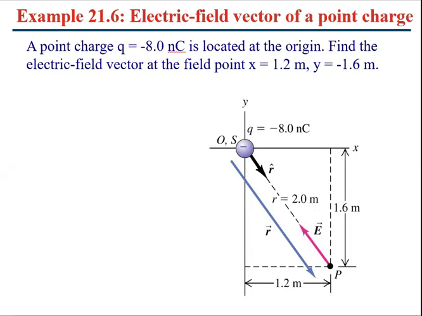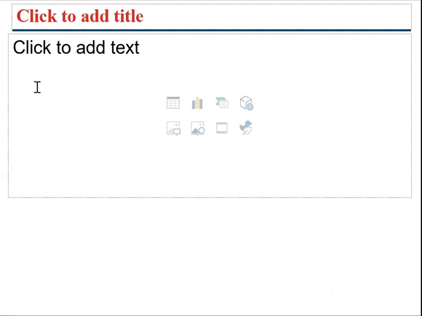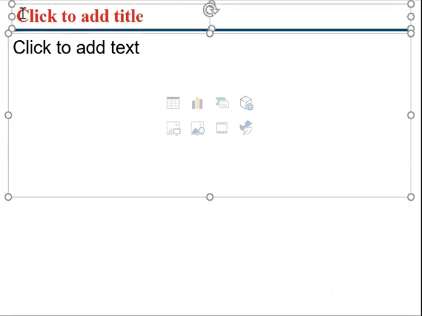As usual, I would like to draw the situation by myself to explain better. So what do we have? We have a negative charge at the origin. This is the positive y, and this is the positive x.